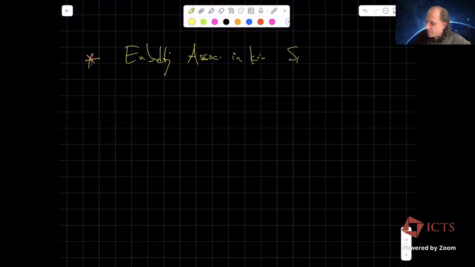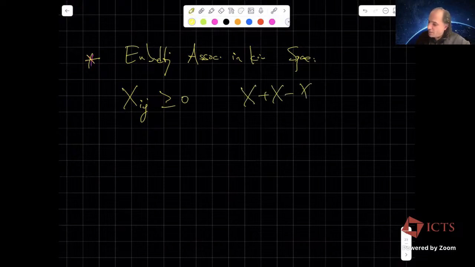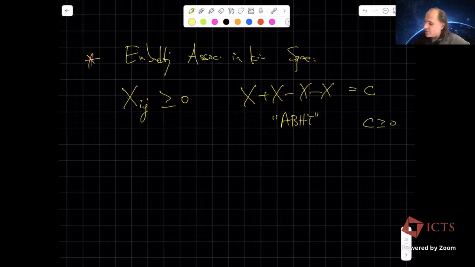And so here there's a very specific realization of the associahedron that is given by imagining that in the kinematic space, the space of these xij variables that are the planar propagators, we ask for all the x's to be positive, but also that they lie on these particular planes in kinematic space that I won't describe in more detail. These are the ABHY equations that, if we also ask these c's to be positive, cut out the associahedron.